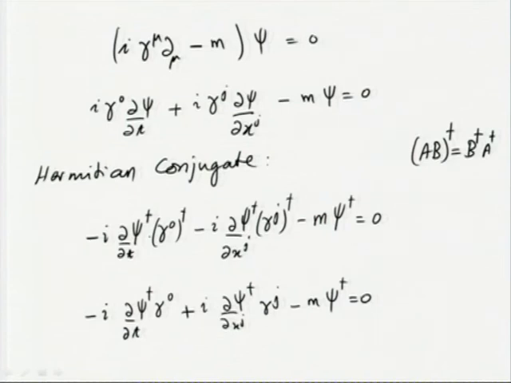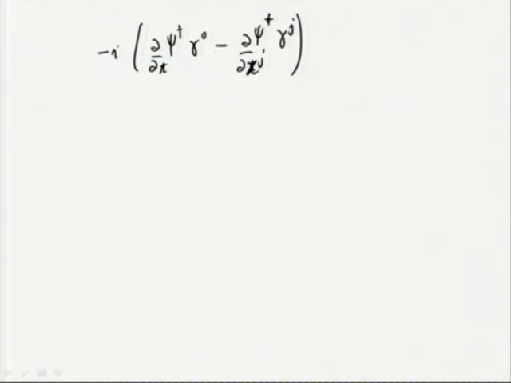So, this is now a little difficult situation here, because we will not really be able to write it in a covariant fashion. That is because this is now minus i dou by dou t of psi dagger gamma 0 minus dou by dou x j of psi dagger gamma j. Instead of a plus, it is a minus relative to the 0th and the spatial components.